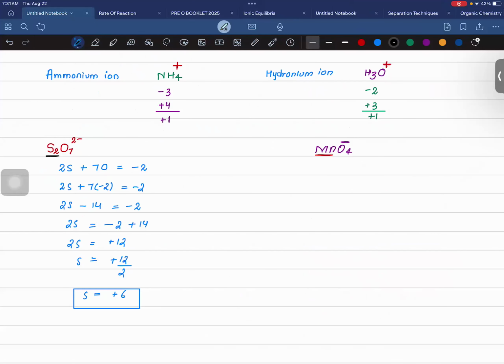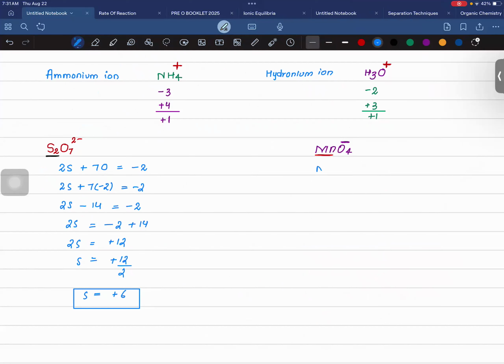Roha is saying this is +7. Okay. Tala, can you confirm, please? Is this +7 or not? Sayyid Mohammed Ahmed, +7. Okay. Let me check this.